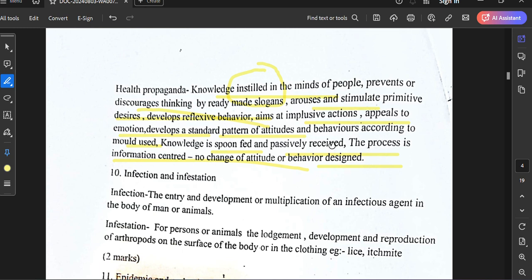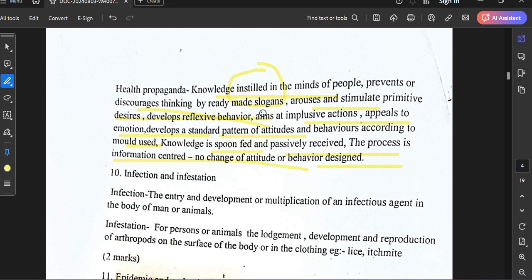Knowledge is instilled in the minds of the people, prevents or discourages thinking by ready-made slogans we can use, arouses and stimulates primitive desires, develops reflexive behavior, aims at impulsive actions, appeals to emotion, develops a standard pattern of attitudes, behaviors according to the mold used.